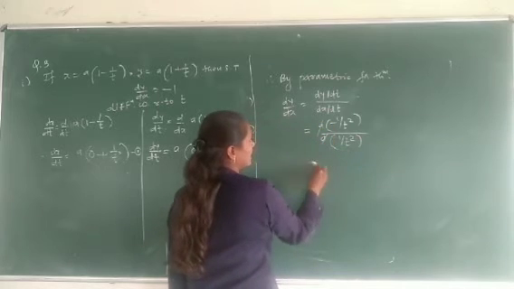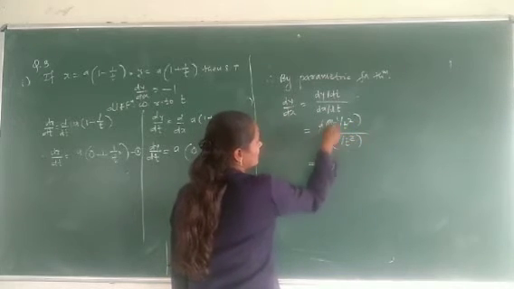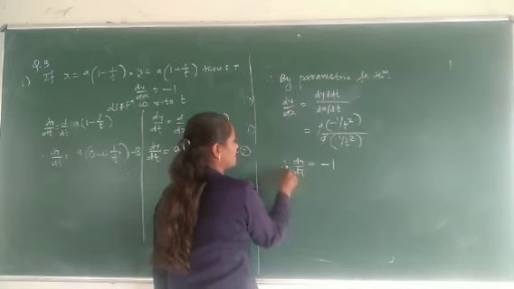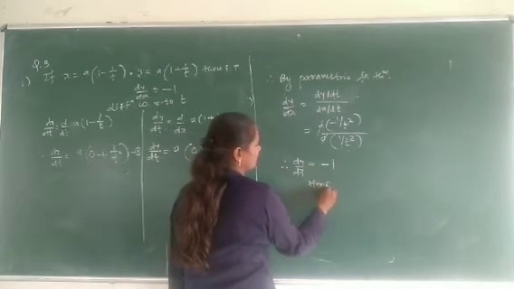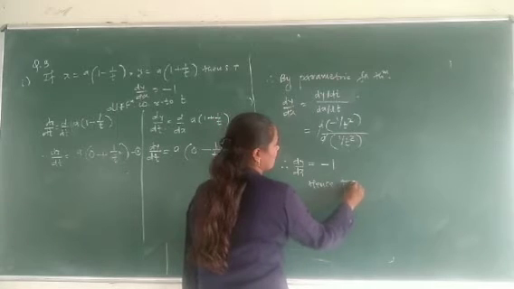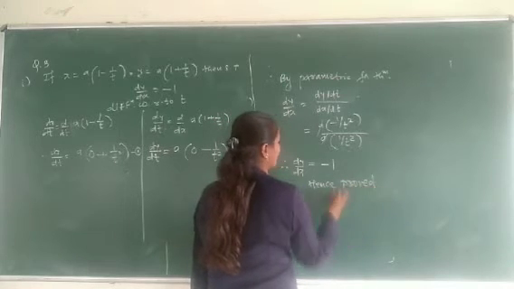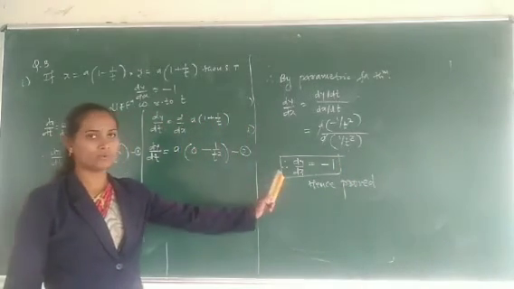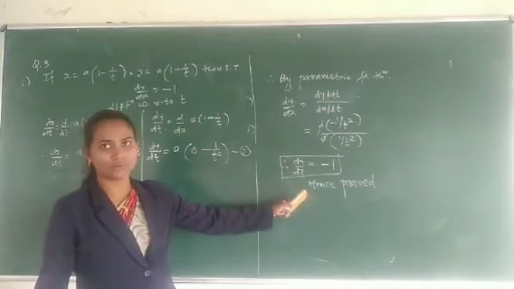So here a will get cancelled, t square will get cancelled, minus 1 upon 1 is equal to minus 1, hence it is true. That is dy upon dx is equal to minus 1, which we have to prove.